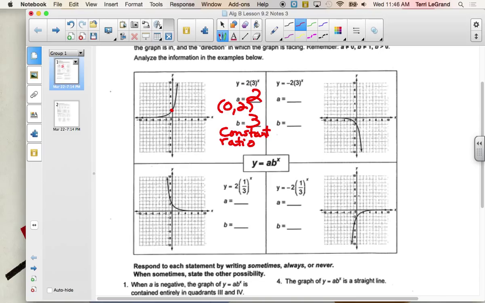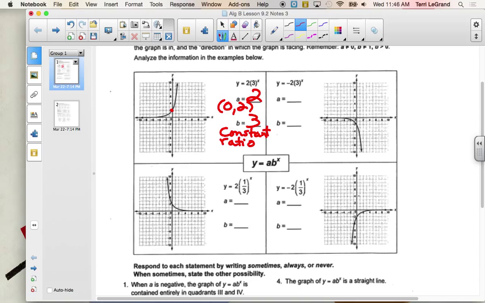Okay, so in this one, we actually had a positive A value and a positive B value, and we should always have a positive B value, because remember it said B had to be greater than 0. It has to be positive. Remember in our notes earlier in this lesson, it said B had to be greater than 0. What's the only restriction for A?